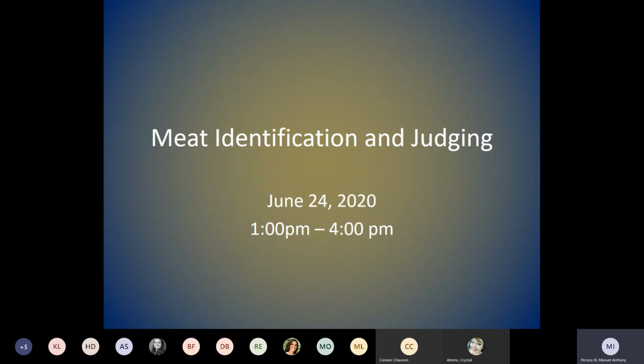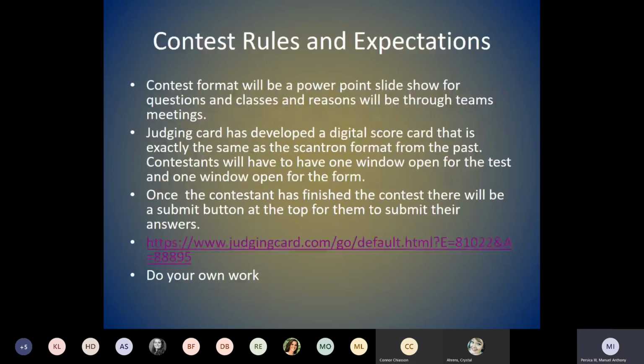Right now, the way I'm anticipating the contest to go is that we're going to have a format of probably a PowerPoint slideshow type presentation where the ID will be numbered, each cut will be numbered, and we'll try to give two different views for the cuts, a top view and then a lateral or side view where we can see all the cut surfaces and bone, muscle, and fat structures.